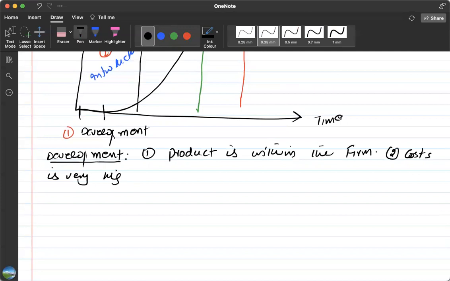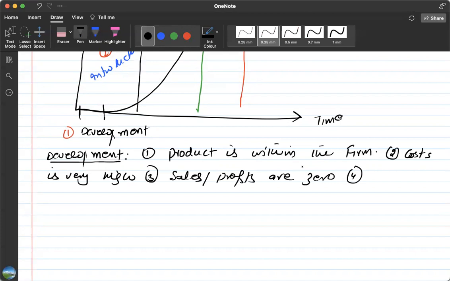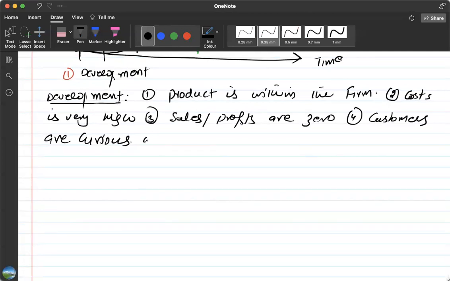Its sales or profit are zero because the product has not been introduced to the market. If you have done some advertisement, like coming soon type, customers are curious. And if the competitors have not identified the gap, the competition will be zero.